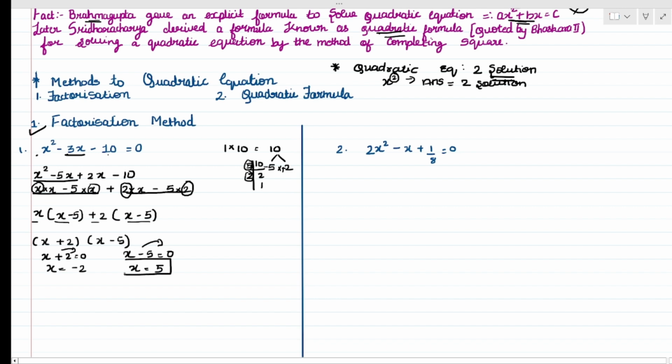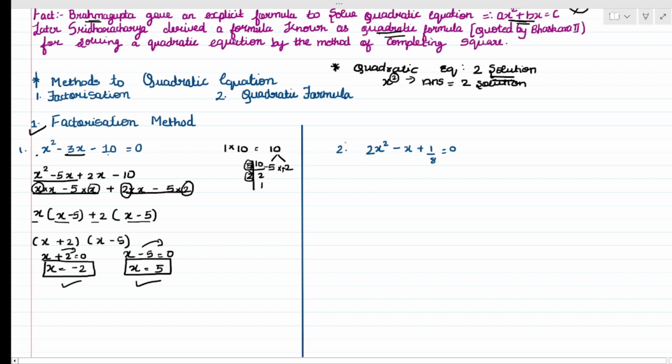That means I got my values of x as minus 2 and 5. These are my two values. As I earlier said, quadratic equations give me two distinct solutions. Yes, they are two different solutions. First, x is equal to minus 2. Second is x is equal to 5. Okay.